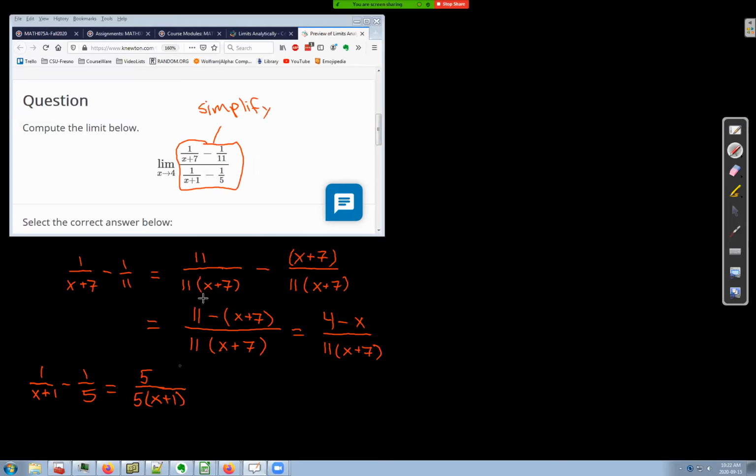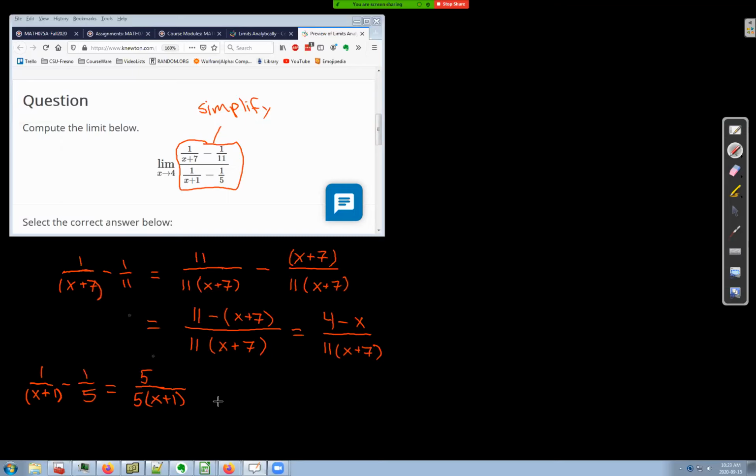Oh, and make sure that you're using these parentheses appropriately, because remember, whenever you have a fraction, there are always invisible parentheses around the numerator and the denominator. So when I multiply the top and the bottom by something, it has to distribute over those invisible parentheses. I guess they're not invisible anymore because I drew them, but they always have invisible parentheses.